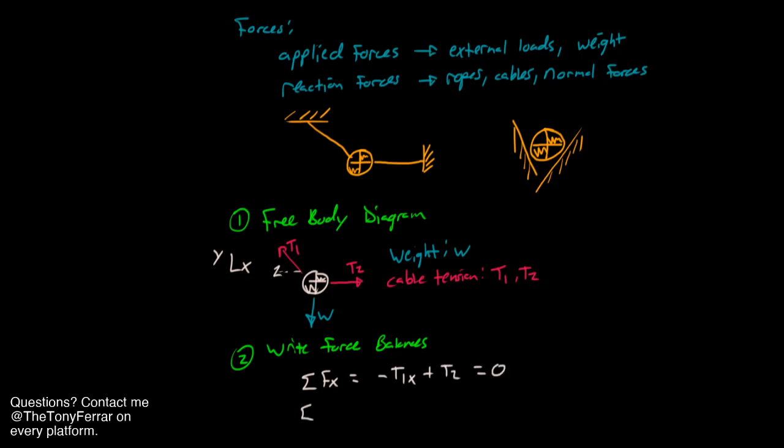And we'll do sum of forces in the y direction, which has a minus W because the weight acts down, and a positive T1y because the y component of T1 acts upward in the positive y direction.